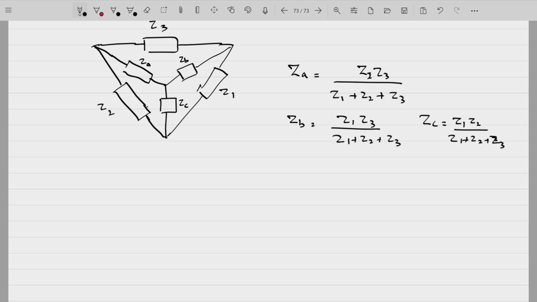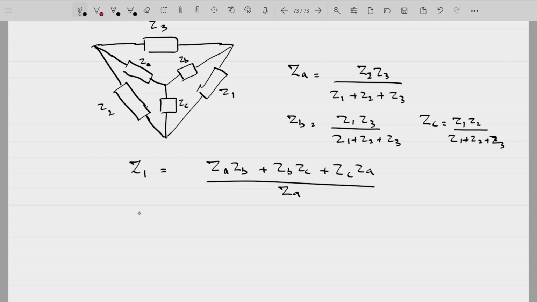So you can derive star impedances from the delta impedances. Or if you already have the star impedances available and want to find the delta impedances, Z1 will be equal to ZA ZB plus ZB ZC plus ZC ZA divided by ZA.